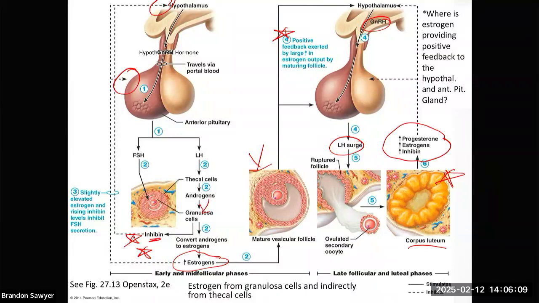So we get more progesterone release after ovulation occurs. So that's kind of the overall picture of the hormones.